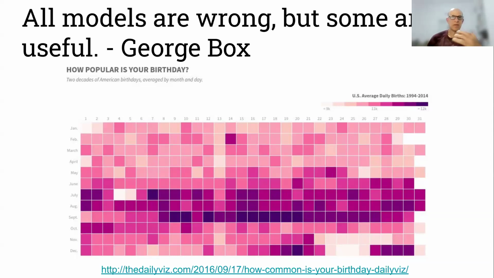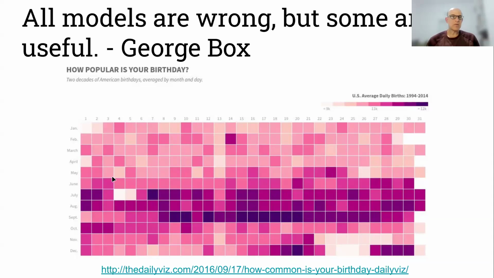So we have a model, and there's a saying by George Box, which I really believe, that all models are wrong, but some are useful, right? So the answer should be interesting enough, but you can have a model.